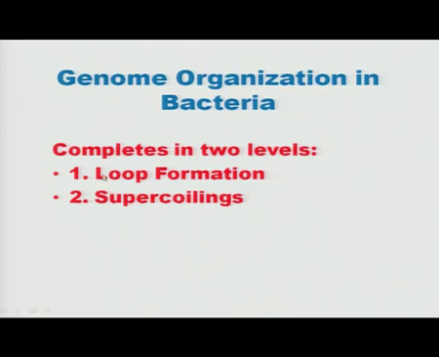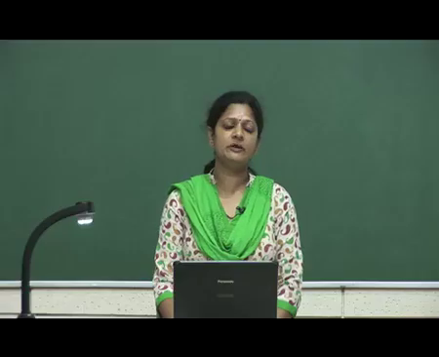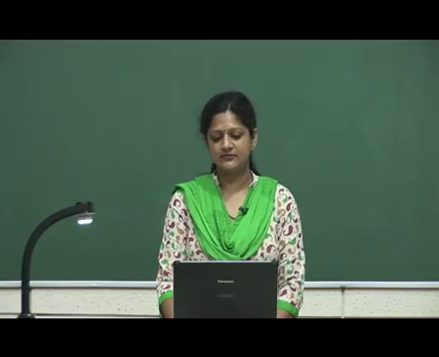First of all, the bacterial cell will form loops with the help of certain proteins, and after the formation of loops there will be supercoiling in the loops to reduce the size of the DNA so that it can easily be packed inside a bacterial cell.